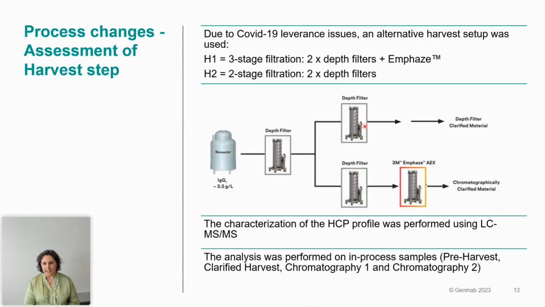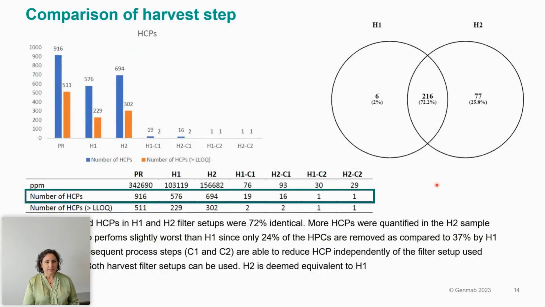So we again did the characterization of the HCPs, and we looked again at the pre-harvest sample from the bioreactor before the depth filtration, and then the clarified harvest, and again chromatography 1 and 2. So here are the results.